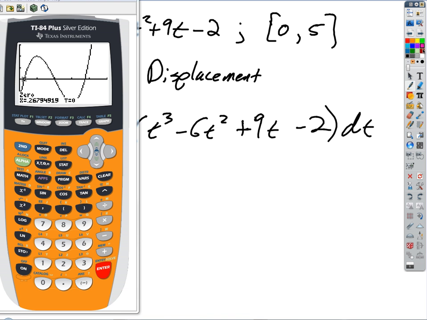Now these are decimal approximations, but that's good enough for now. So the first one, we'll call it x sub 1, is 0.2679 out to 4 places.